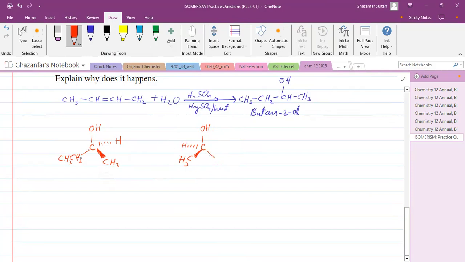And here is CH2CH3, sorry. And you can see that these are the mirror images, but non-superposable. So these are optical isomers, a kind of stereoisomers.